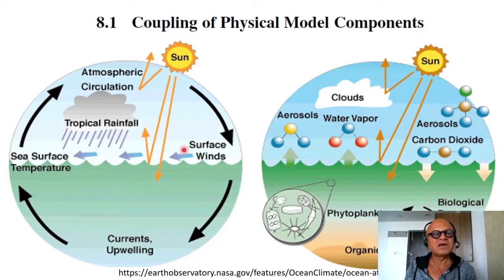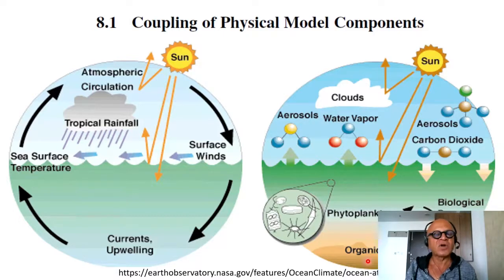So the basic idea of the energy balance and equator to pole temperature gradient is straightforward, but once you begin to add other components like the biogeochemical components, things get much more complicated. Then you have to worry about phytoplankton, the so-called biological pump, which takes down carbon dioxide and carbon that is photosynthesized.